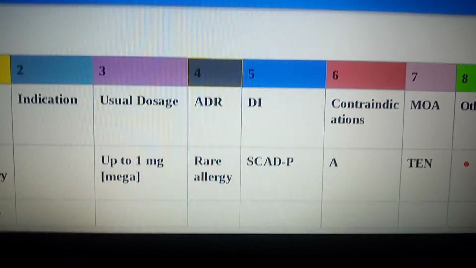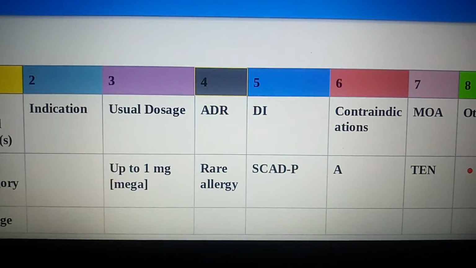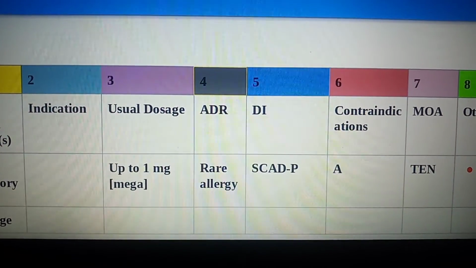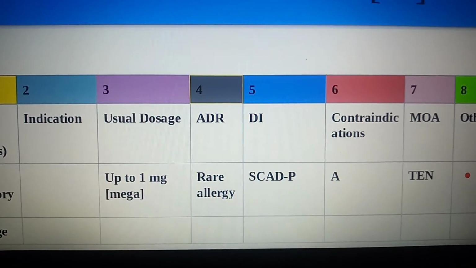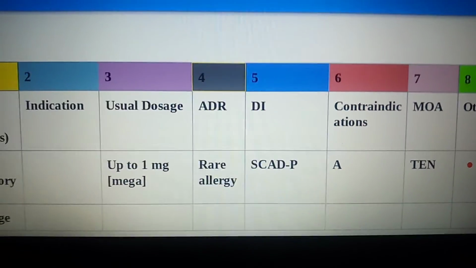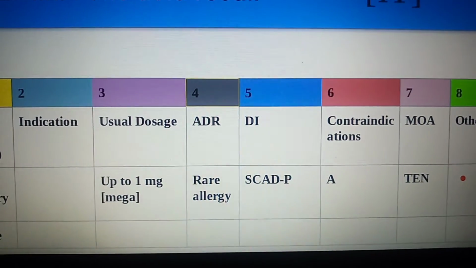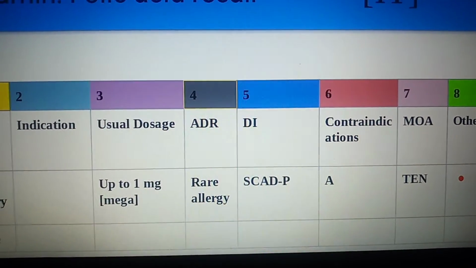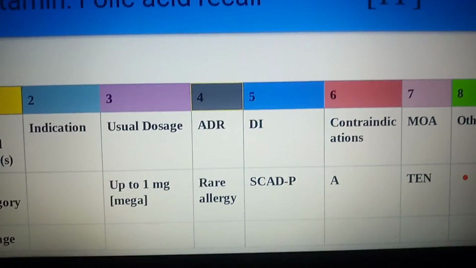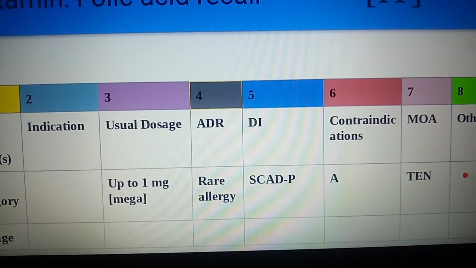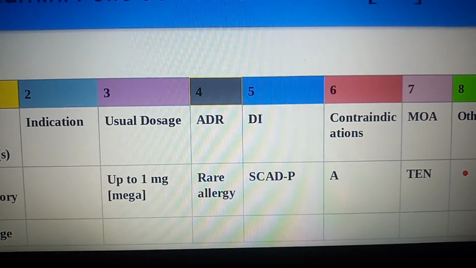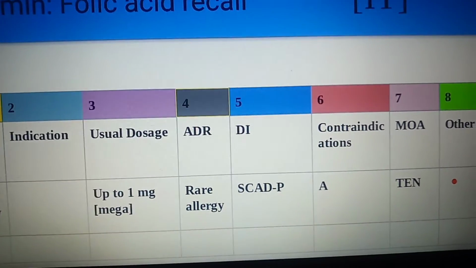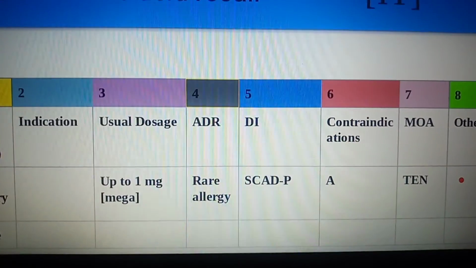Adverse drug reactions for vitamin B12 are headache, infection, pain at the injection site, and dizziness. Drug interactions for vitamin B12 would be colchicine and heavy alcohol use, which lead to malabsorption of vitamin B12. And then antibiotics would also be another drug interaction with vitamin B12.